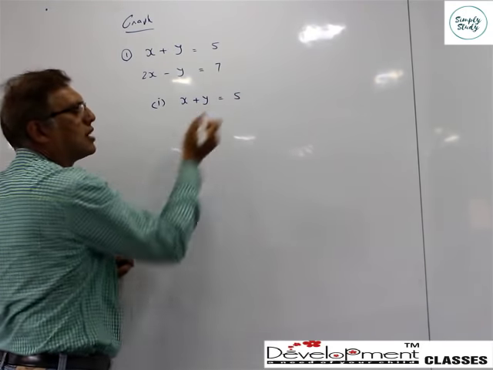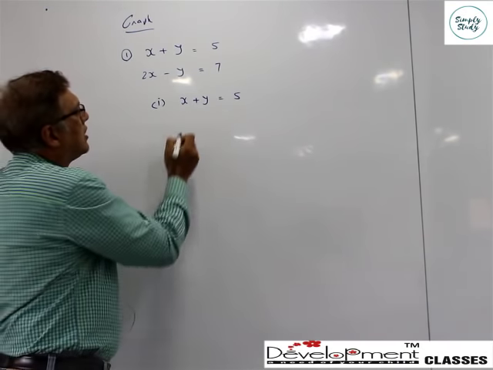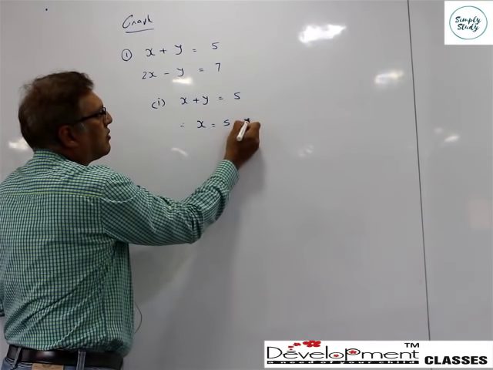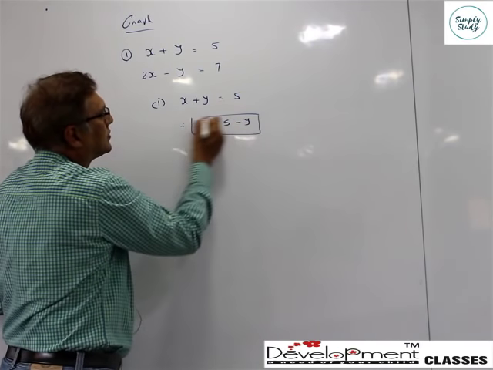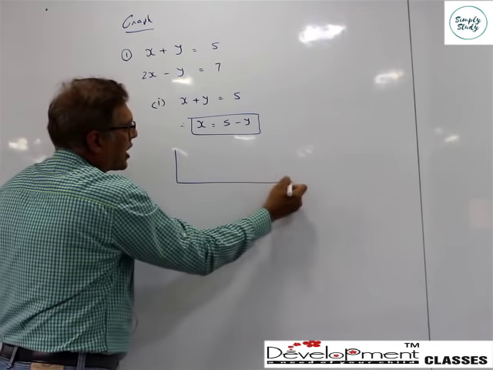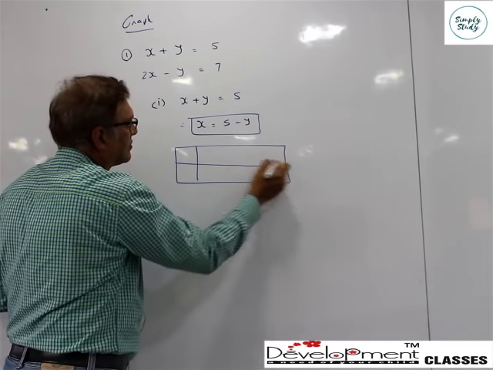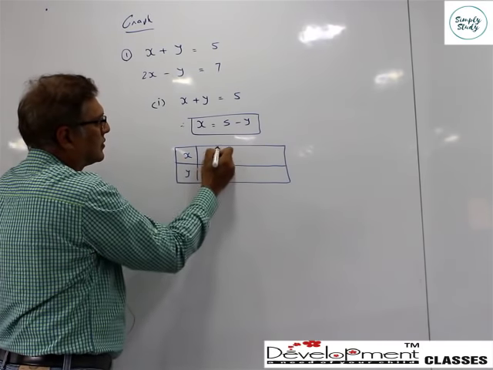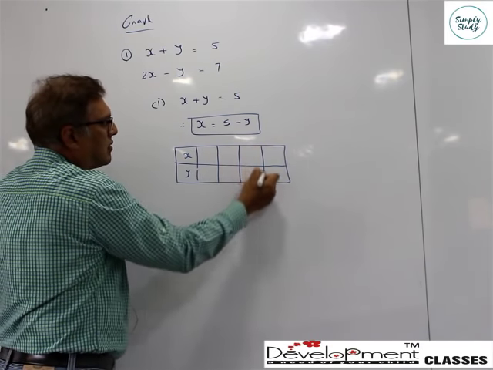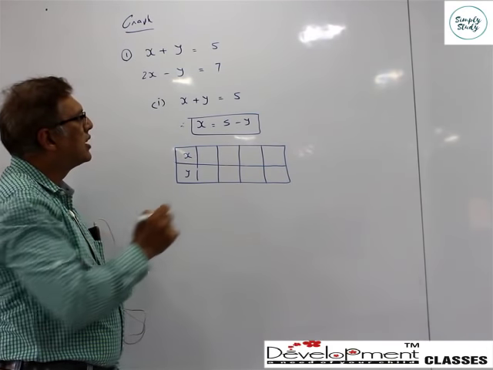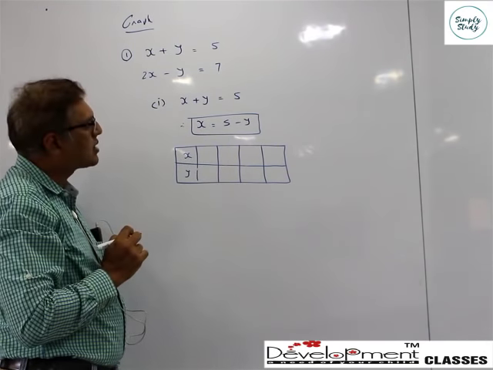x plus y is equal to 5. So x is equal to, by taking y on that side, 5 minus y. Now let us make the table by taking x and y. We will take 3 to 4 values of y, and for that we will find the value of x.